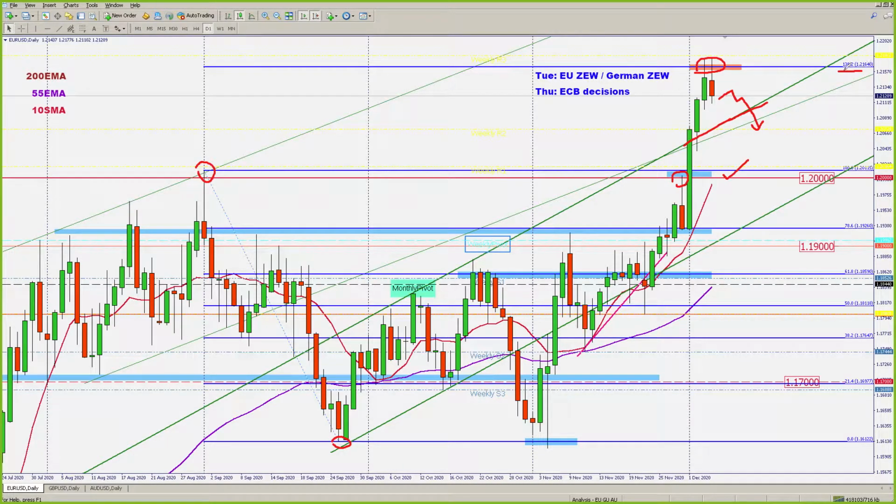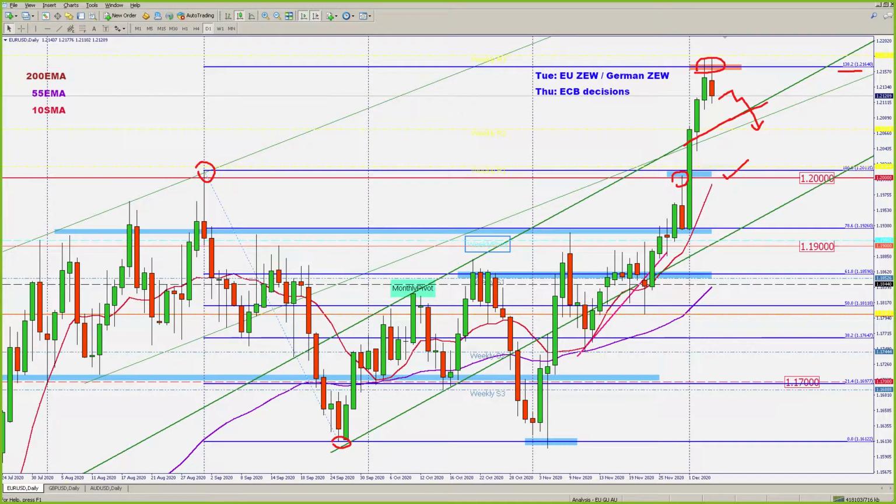So the 138 Fib is at 121.65 area, or 64.65 zone, and it could dip down to the 120.10 or 20 level to find some support in this area.